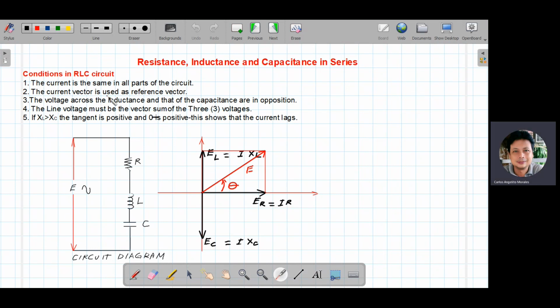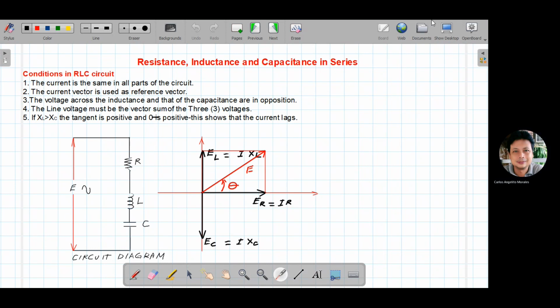The current vector is used as reference vector. The voltage across the inductance and that of the capacitance are in opposition. The line voltage must be the vector sum of the three voltages. So kung mas malaki yung inductive reactance sa capacitive reactance, the tangent is positive and the phase angle is positive, no?